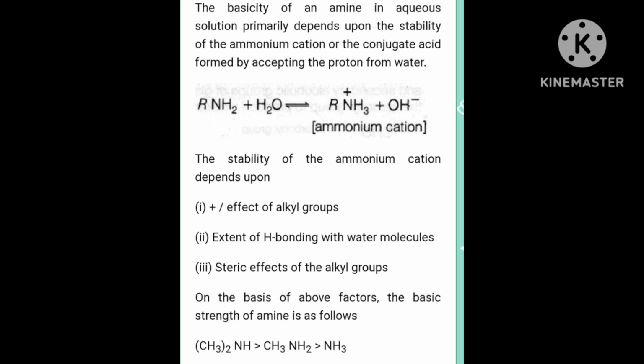Because the lone pair of electrons will be given to H plus, then RNH2 will form RNH3 and will have plus charge, and automatically, because from the H2O, H is gone, then OH will remain, OH minus. Then this is the equilibrium reaction. This reaction is in equilibrium. Hence here you can apply this chemical equilibrium principle. Okay.